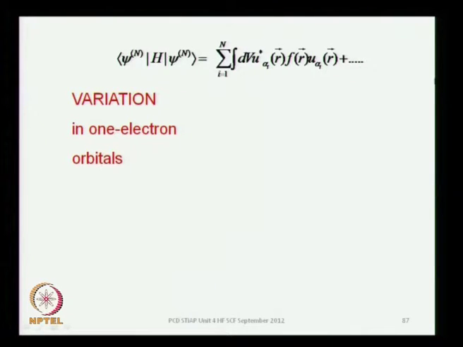So, let us look at the first term in this. The first term is the single particle integrals, and you are seeking a variation in 1 electron orbital. So, these are the 1 electron orbitals, alpha I, and you must sum over I going from 1 through n. These 1 particle orbitals come here and here, and both of these are subject to the variation.